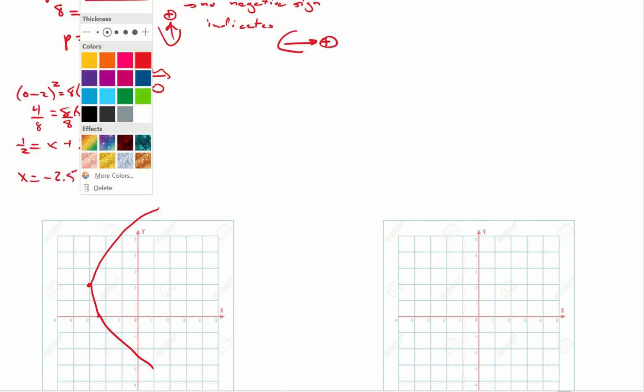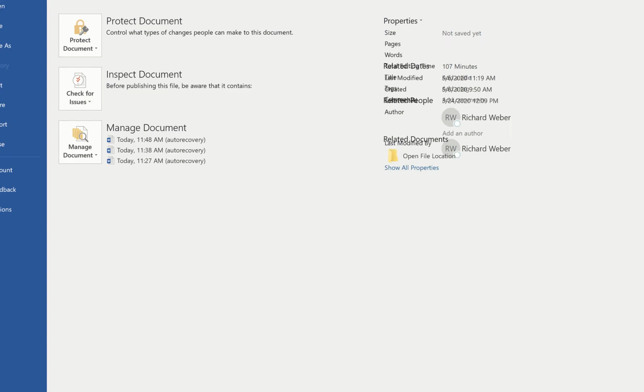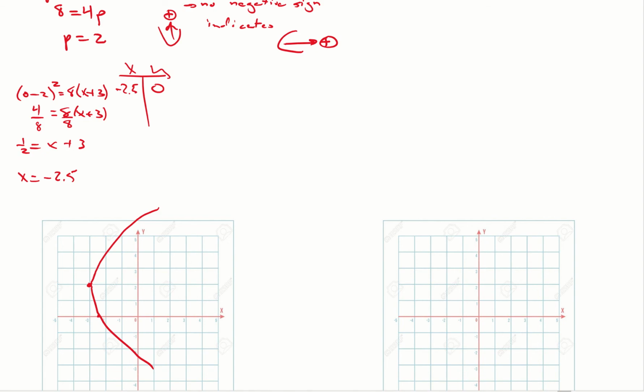Now we're going to go for more stuff. We're going to go for the focus and directrix, okay? Well, we know that p is equal to 2. So what we're going to do is march 1, 2 inside the parabola and back up 2 for the directrix. With this information, I know what the focus is.